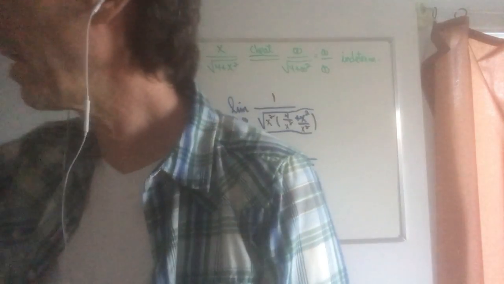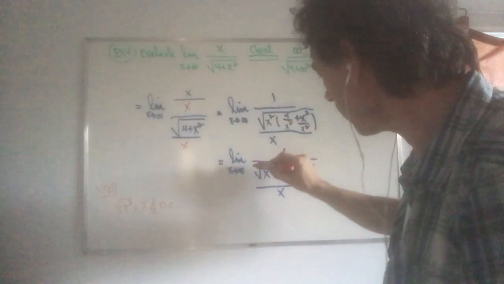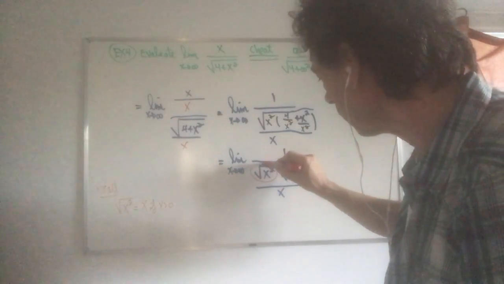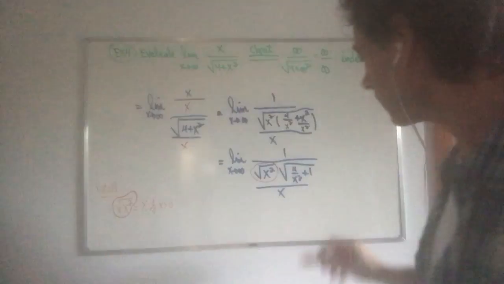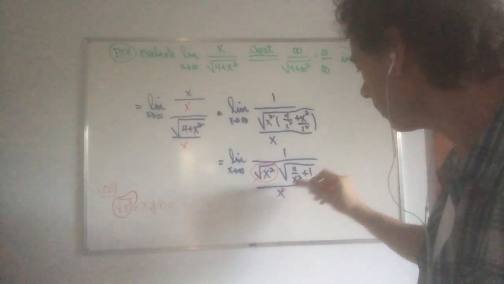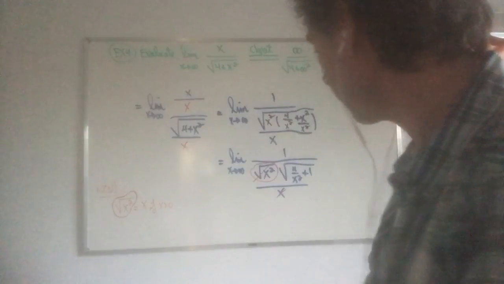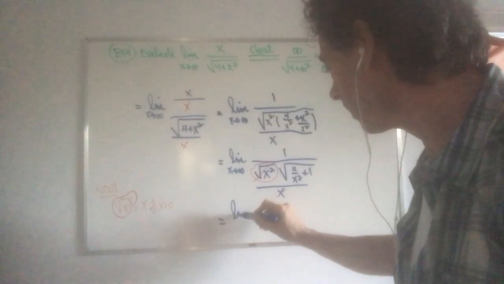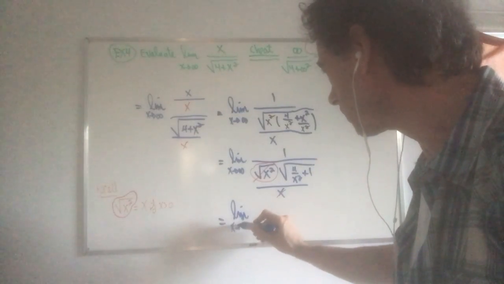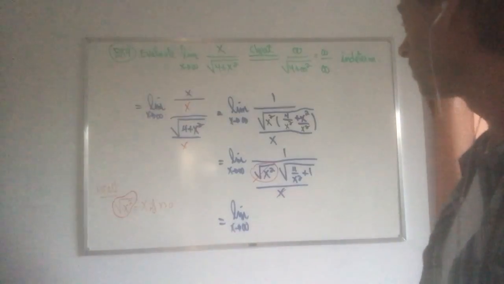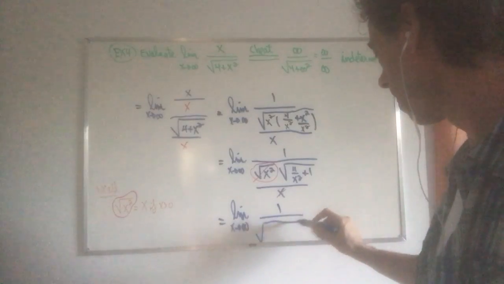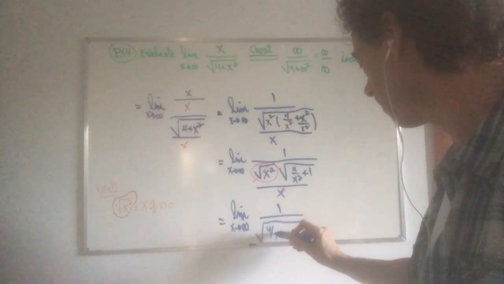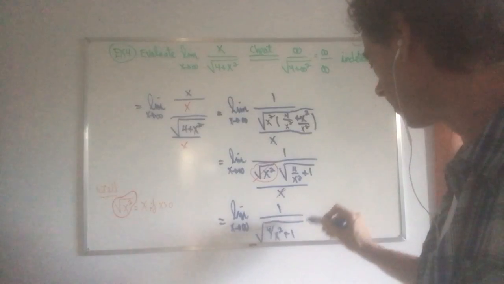And now I got a very nice simplification, because the root of x squared, which is x, will cancel with the x here. So I find myself with the limit as x approaches infinity of simply 4 over x squared plus 1, under the root.